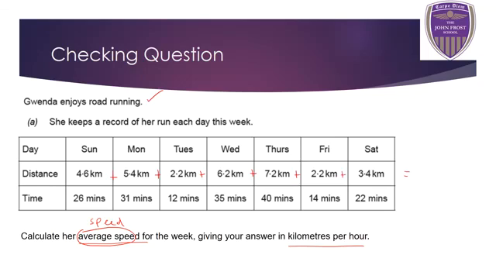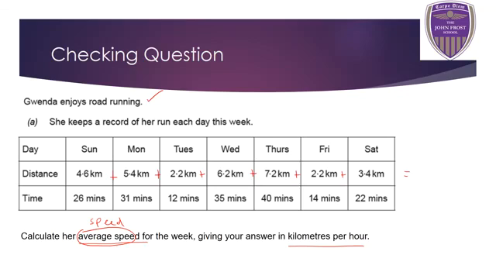So 4.6 plus 5.4 plus 2.2 plus 6.2 plus 2.2 plus 3.4, and I've got 24. I'll just double check that, guys, because lots of numbers will add up there.